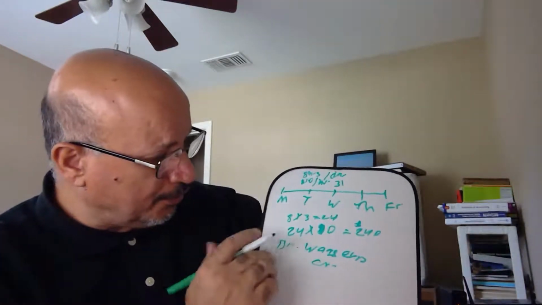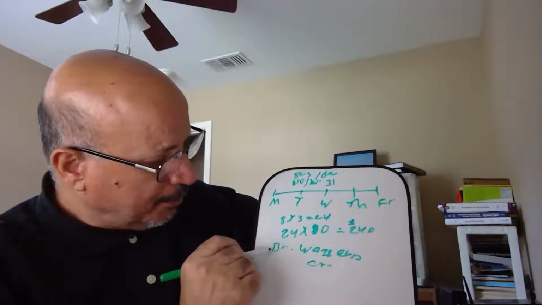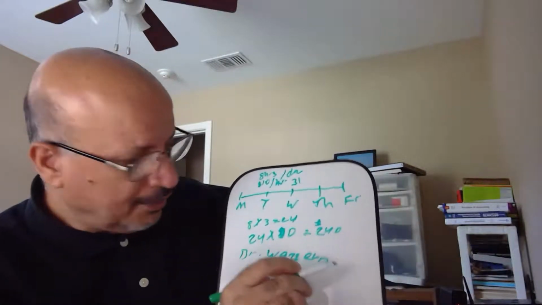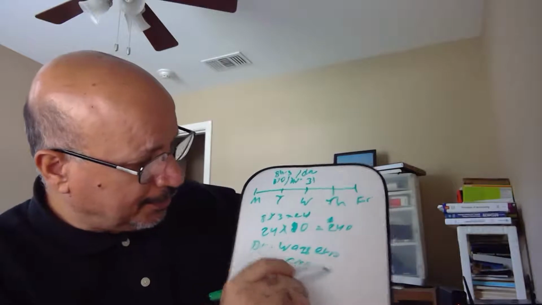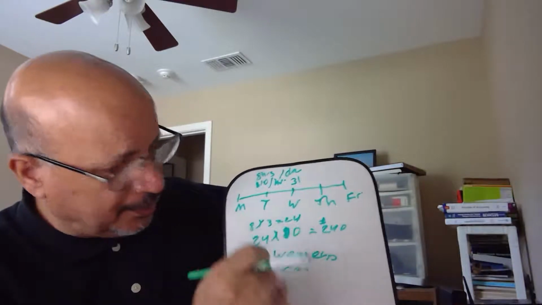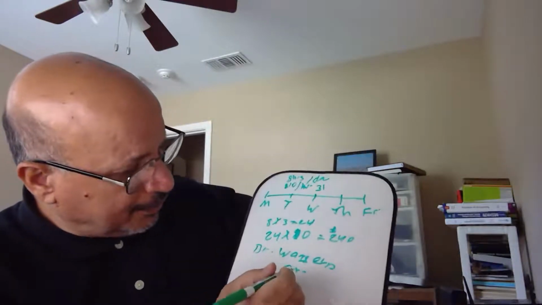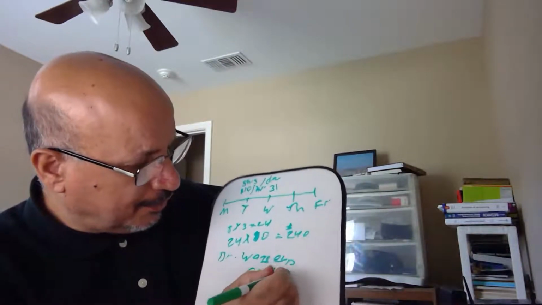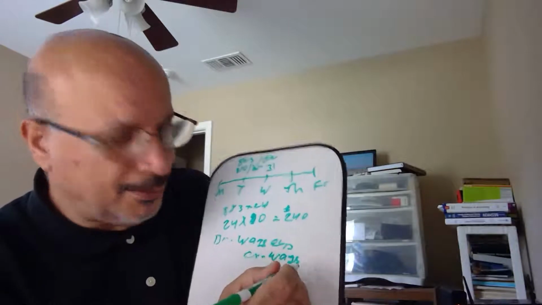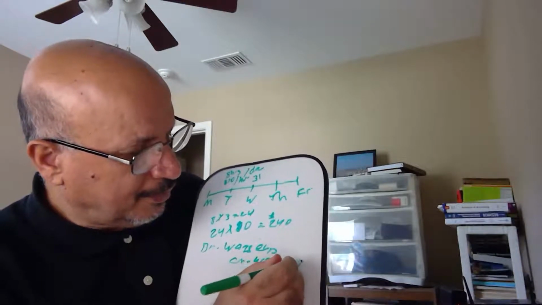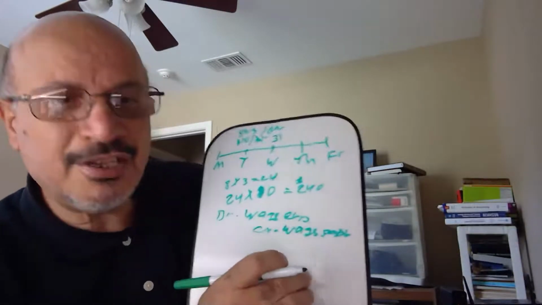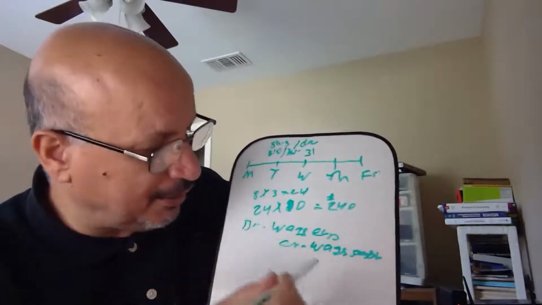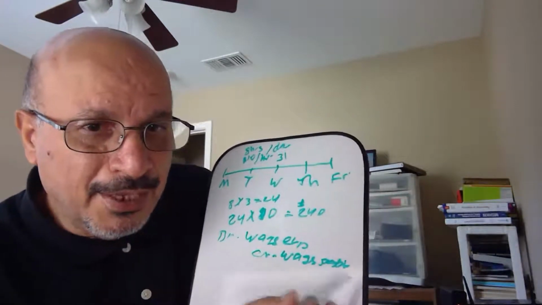All right. Notice I keep saying that. I always put first the debit line and then I put the credit line. The credit line starts halfway along the debit line. Okay, credit wages payable.